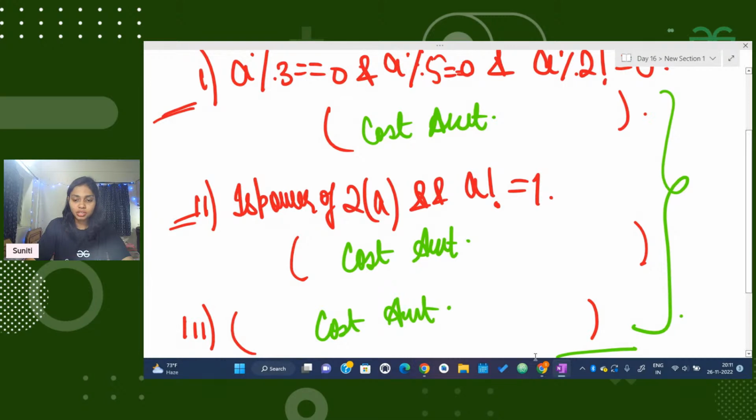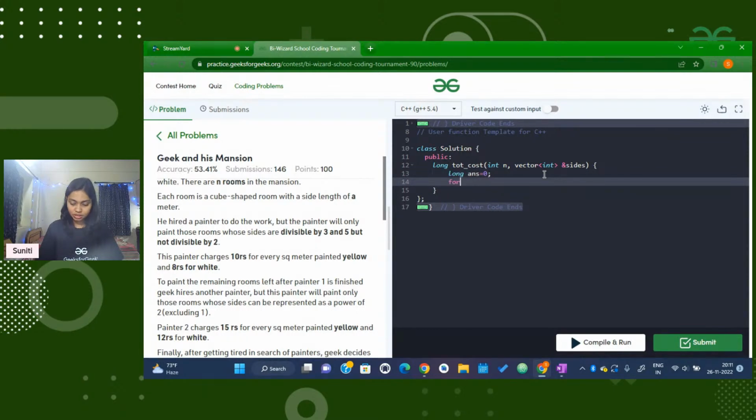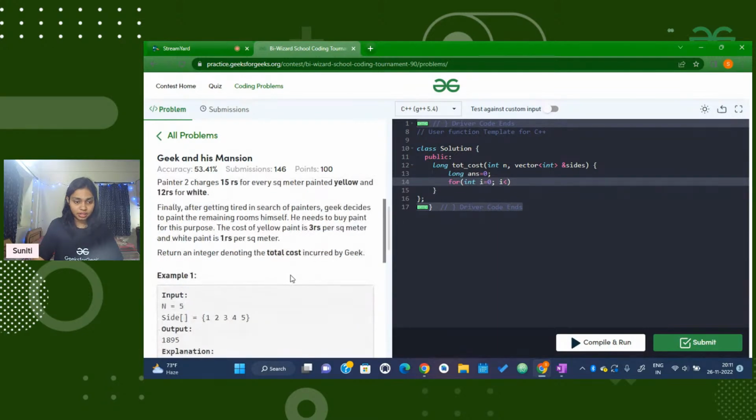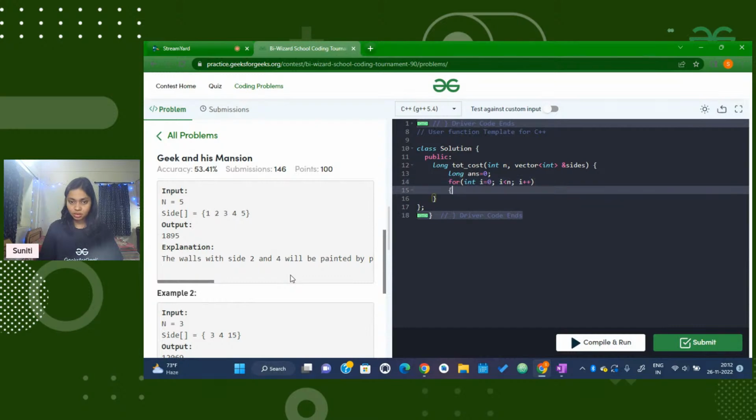Great, thank you. So let us now move to the coding part. Just a simple if else condition that we need to do is, let us take our answer as 0. So what we are doing is, for int i equal to 0, i less than n, which is the size, and i plus plus.